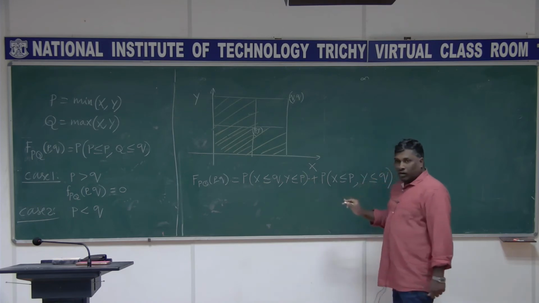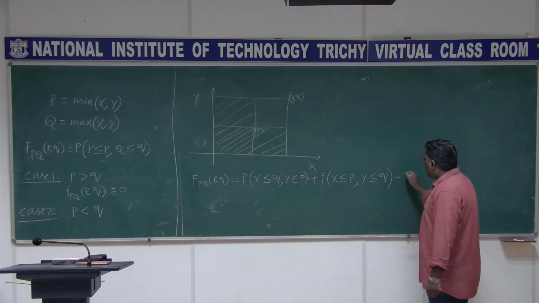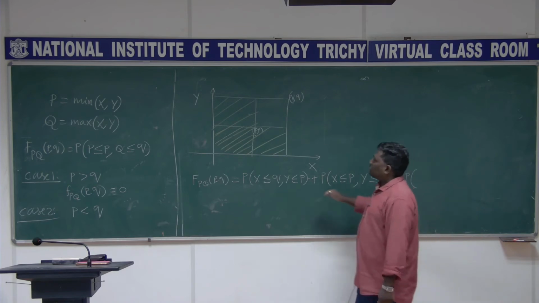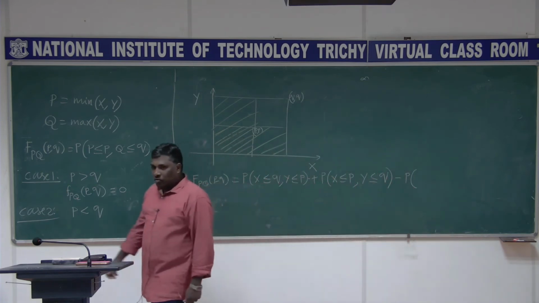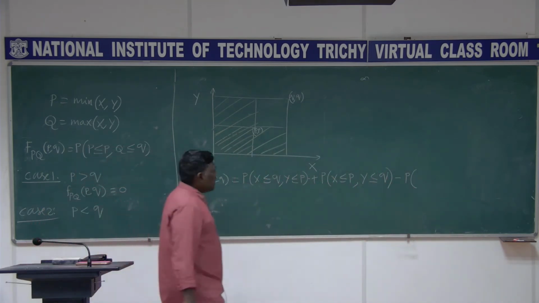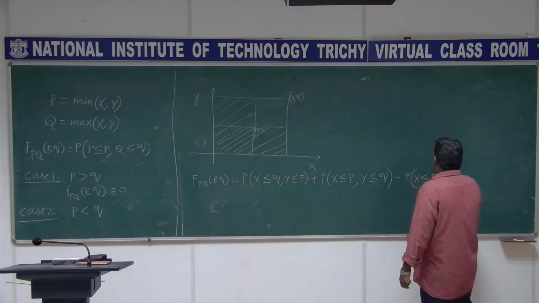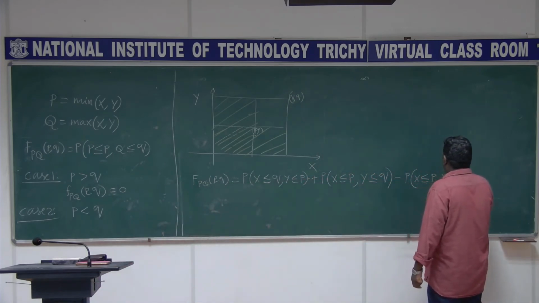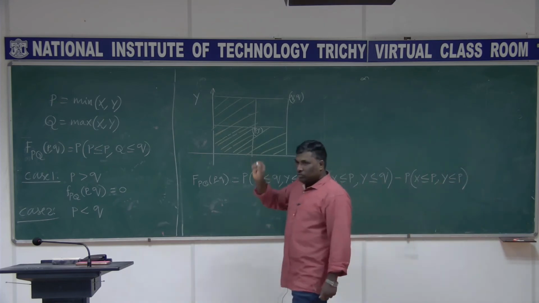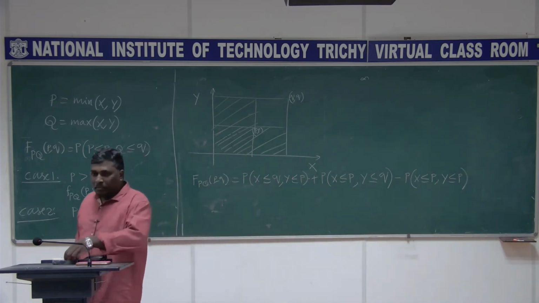It is not yet over. We need a third term where we subtract this common region, which is the probability of X less than or equal to p, comma Y less than or equal to p again, because p is the minimum. So we need to subtract that.